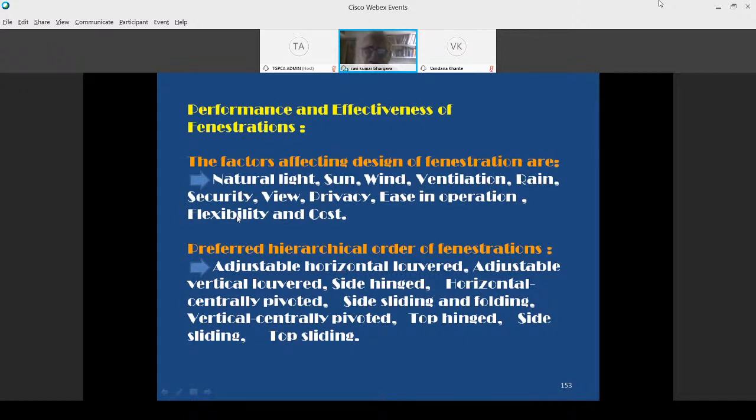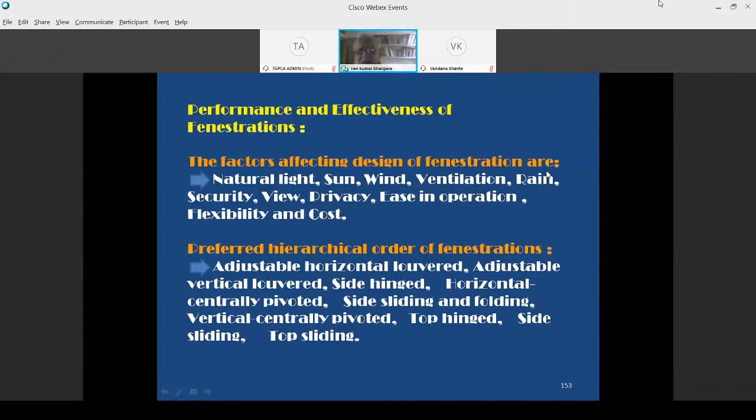Considering all these parameters, for each parameter give marks out of 10 to this type of window: for ventilation, for rain control, ease of operation, view, flexibility, and security.